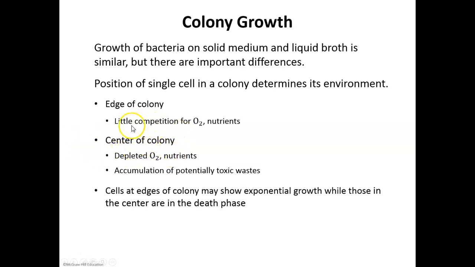So think about if you are an aerobic species, you're in the center, the nutrients and the oxygen are going to be depleted much faster because you have cells all around you. Whereas if you're on the edge, you have less competition. This allows cells on the edge to survive and replicate, while cells in the middle end up dying and giving nutrients to neighboring cells.